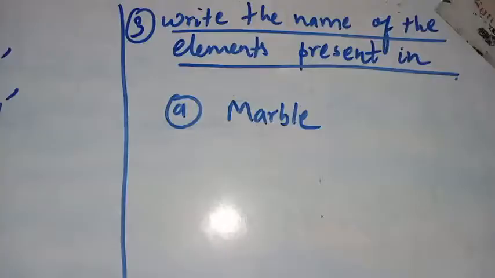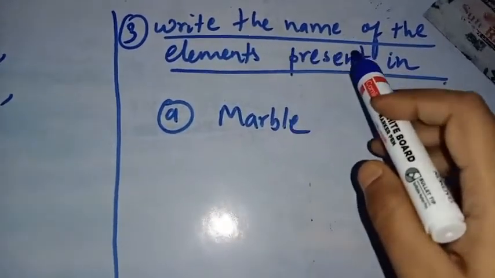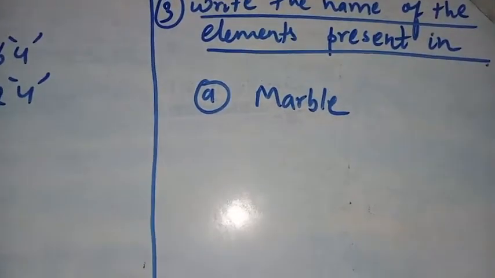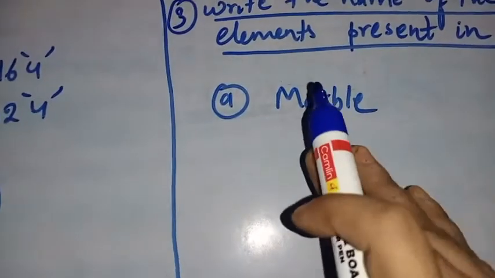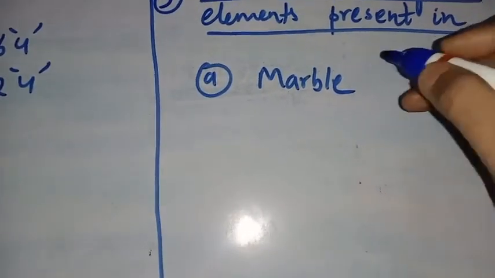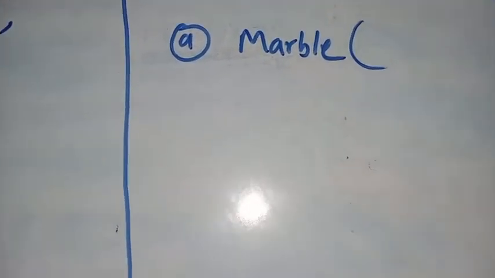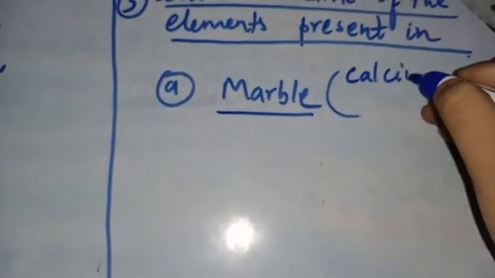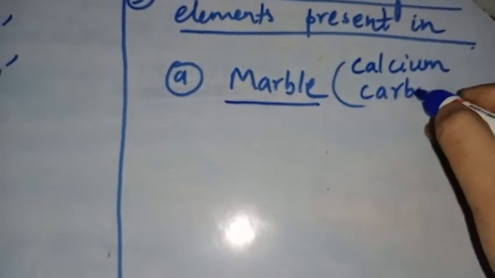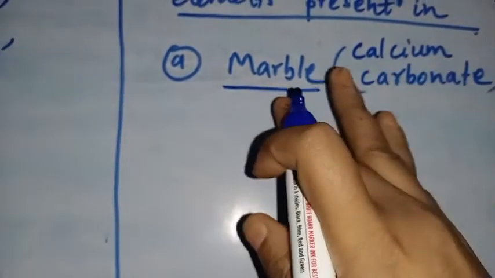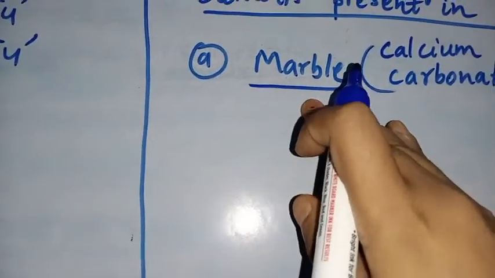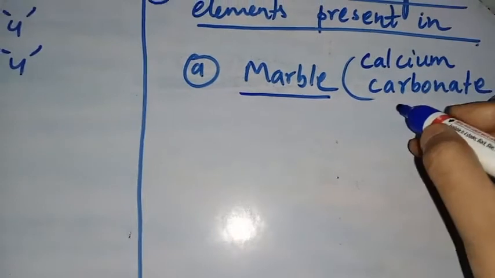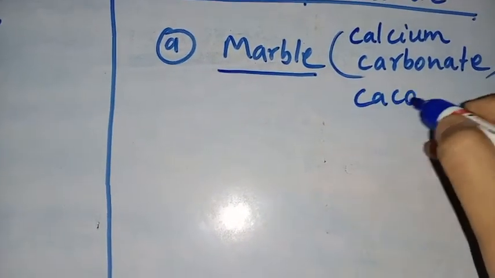Okay, next one is write the names of the elements present in first marble and second slaked lime. So for the name of the elements present in marble, we should first predict the chemical name and the chemical formula of marble. Marble's chemical name is calcium carbonate, so its chemical formula is CaCO3.